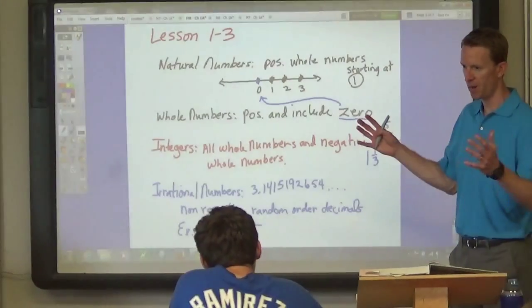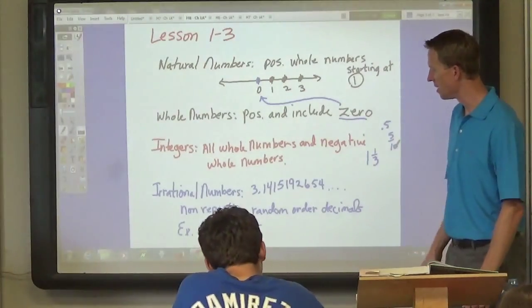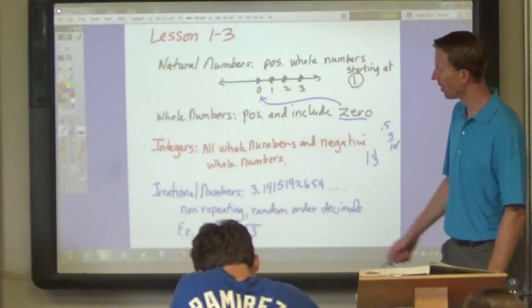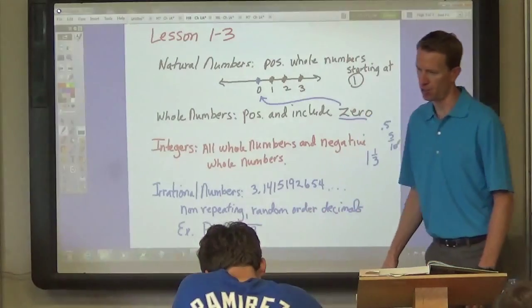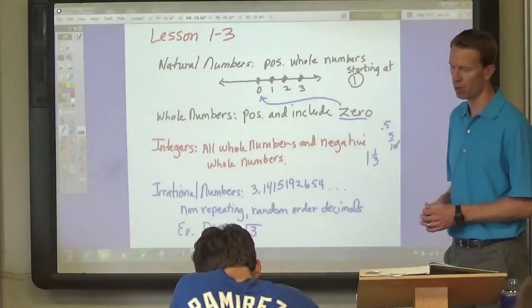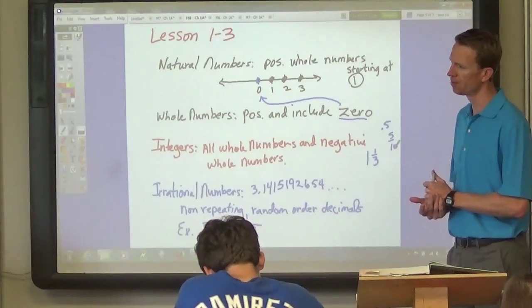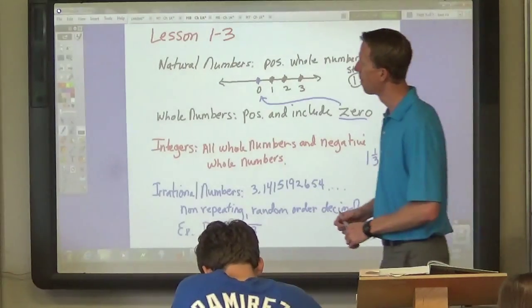You get a random set of numbers, non-repeating, non-terminating decimals, they're called. And those are irrational numbers. You can only write the symbol for those numbers. You can't write the actual digit form of those numbers. Okay? So those are called irrational numbers.